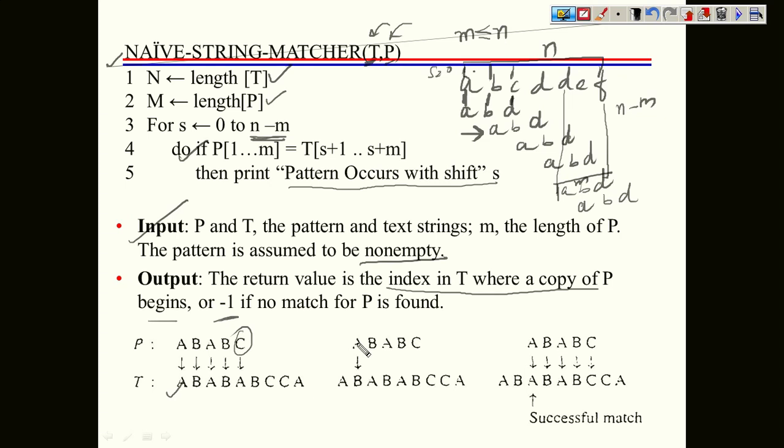Again you do all the matching, and here you find this is not matching, an invalid shift. Again you shift by one position, and you find that this is now a valid shift, and you have found your search. So s equals 0, 1, 2. At the second shift you have found your valid shift, and the pattern is found in the text.